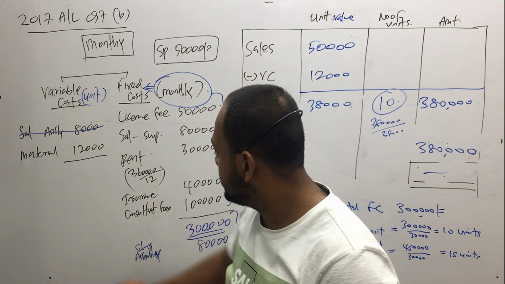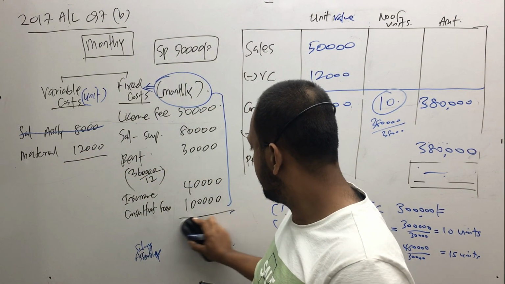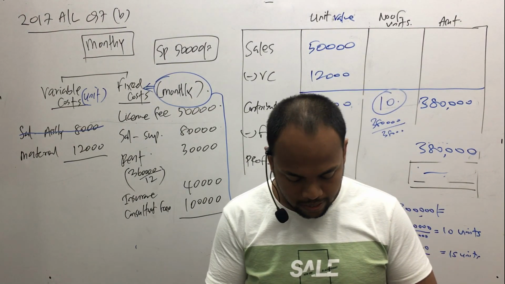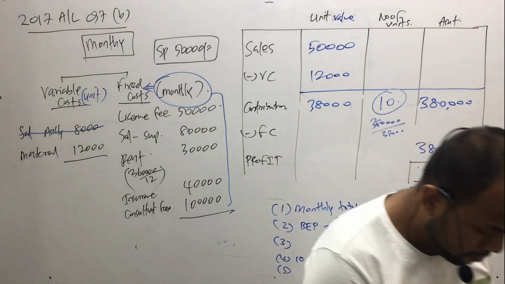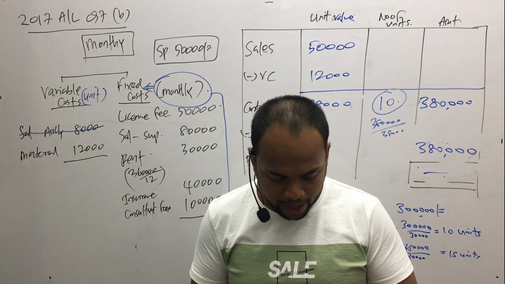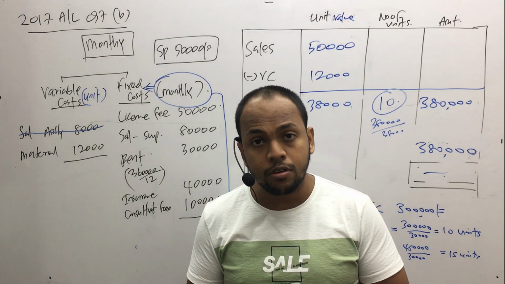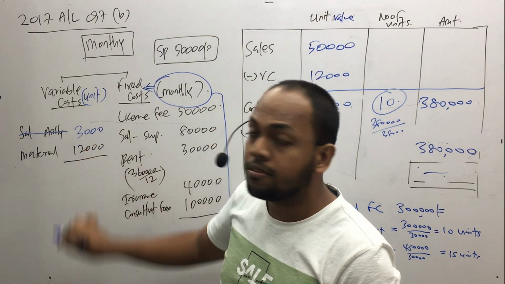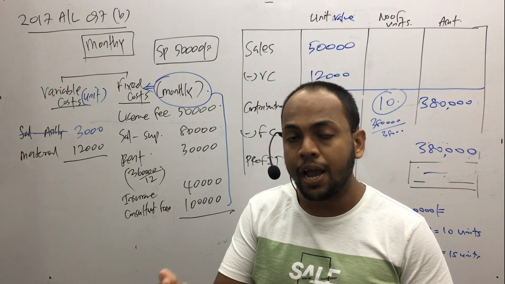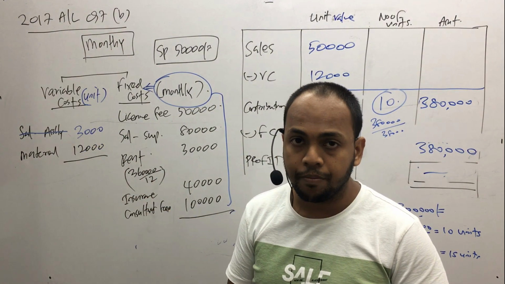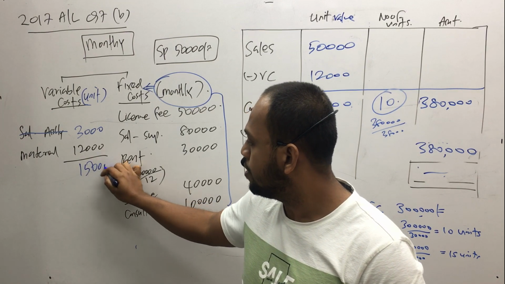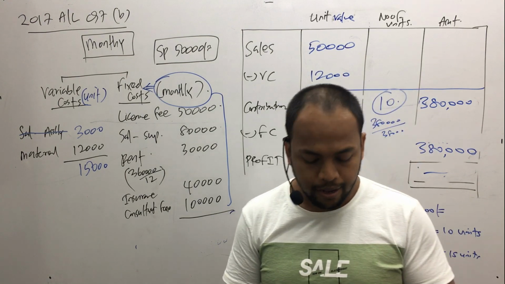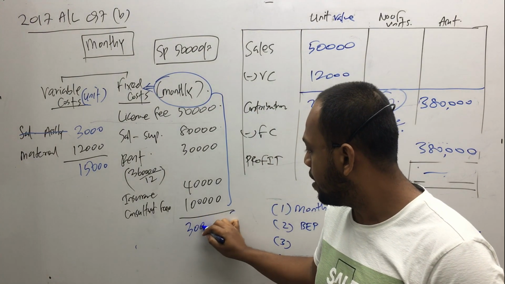Now let's see how much is the variable cost and how much is the fixed cost. Assembly worker's salary could be reduced to 3,000. Reduced by means this will be 5,000. Now this is 15,000. Variable cost will become 15,000, and there is already 300,000.